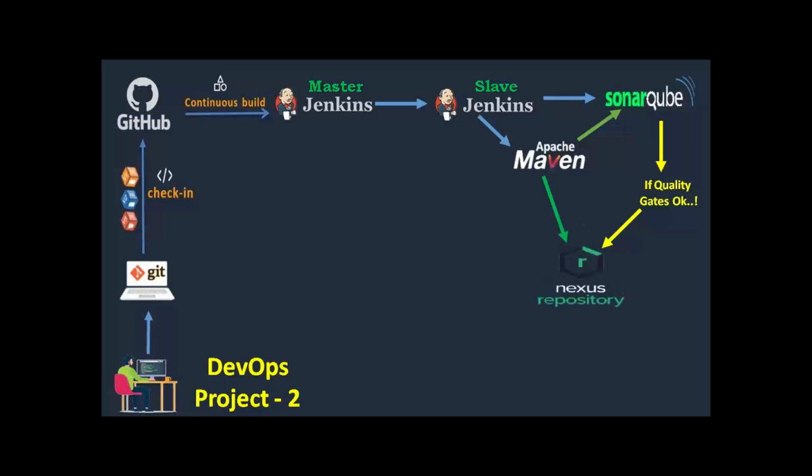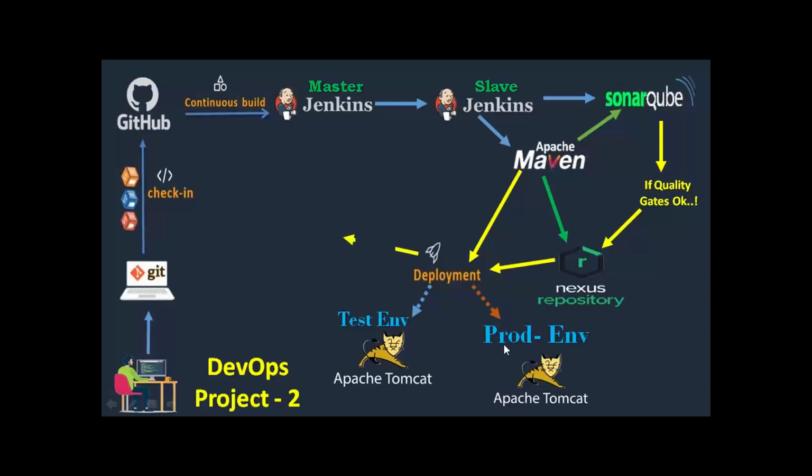After packaging, it goes to the Nexus repository management server. At the same time, we are going to deploy that application, whatever we built, either a WAR, JAR or EAR file. Mostly we are using WAR, web archive. So we are using one test environment or one dev environment in today's class.